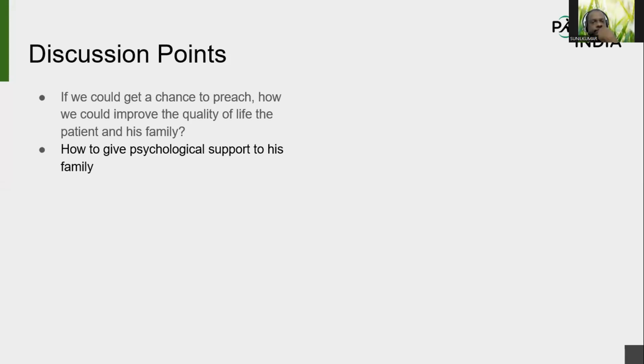And I don't know what the psychological status of this patient is, whether he knows about the disease and its progression, what was communicated, and whether he has any doubts about that. And as you told, one of the important points was the unmarried daughters. So was it causing psychological problems to the patient?